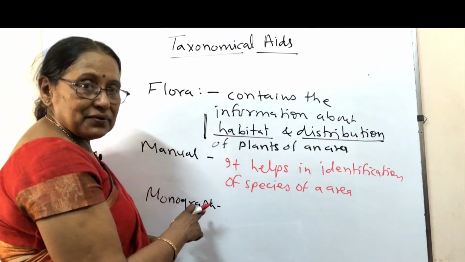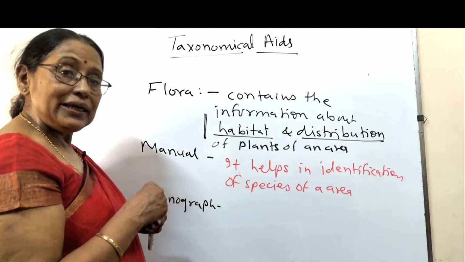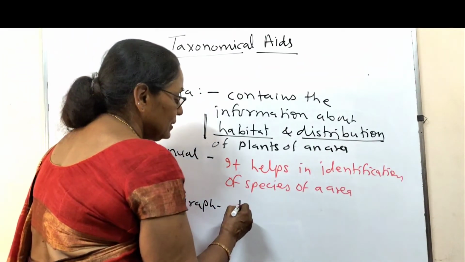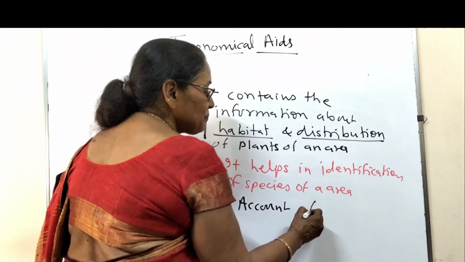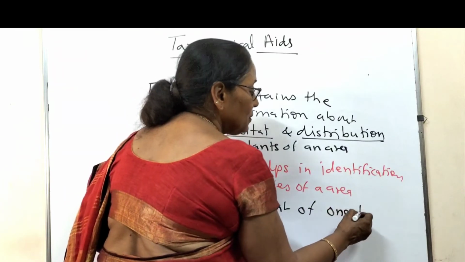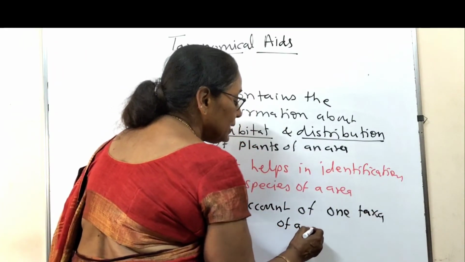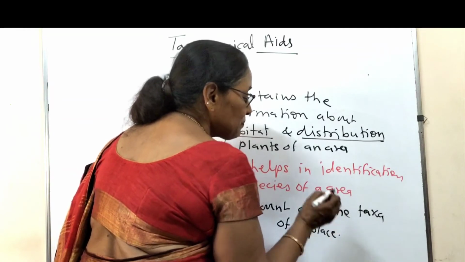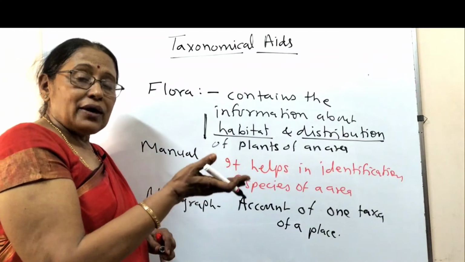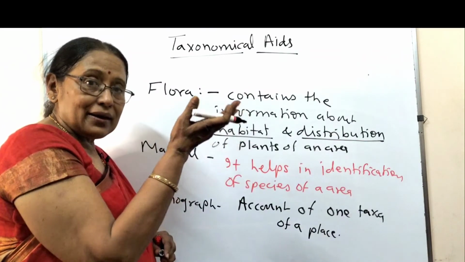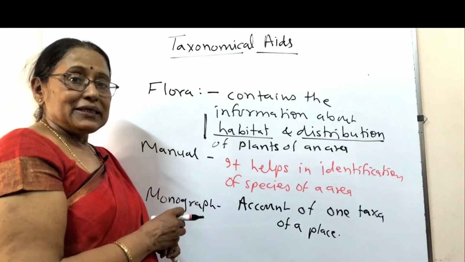What is monograph? This monograph contains the account of only one taxa. It contains all information of one taxa of a place. One taxa का क्या मतलब हुआ? One taxa doesn't mean one species. You have studied the 7 hierarchical levels of classification. उसमें से वो कुछ भी हो सकता है बच्चों.